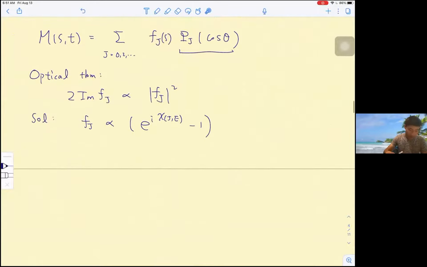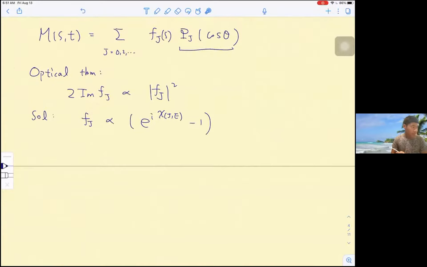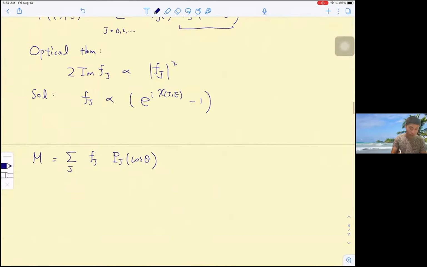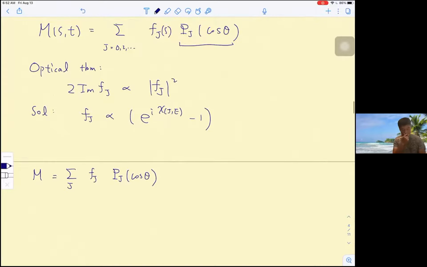Okay, so now we have this exponentiation. We can see that the amplitude now is summing over j, f of j, the Legendre polynomial. And the next statement I want to use is that we only consider this in the classical limit. That means j much greater than 1.